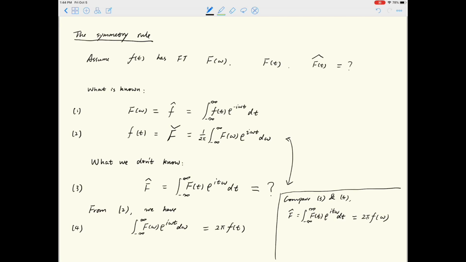I just realized that I made a mistake. The mistake is here in equation 3: this is not the formula for the Fourier transform. For the Fourier transform, we need a minus sign here. So we have a minus sign here.